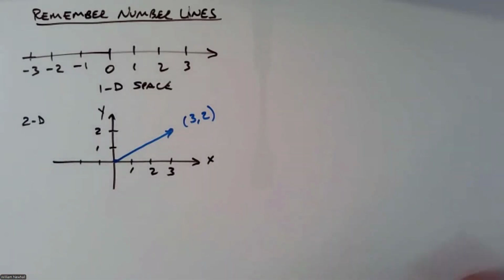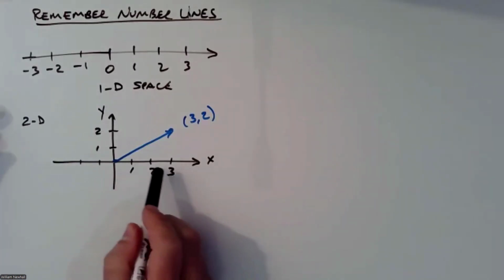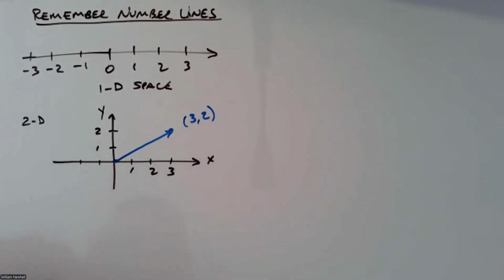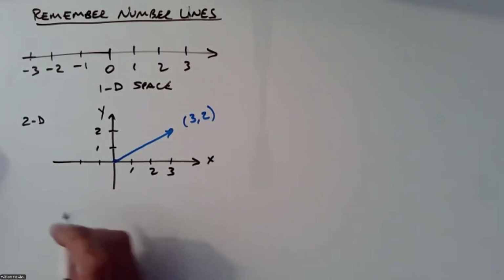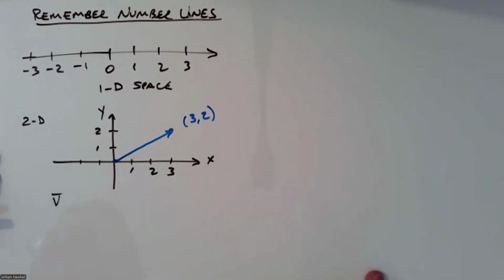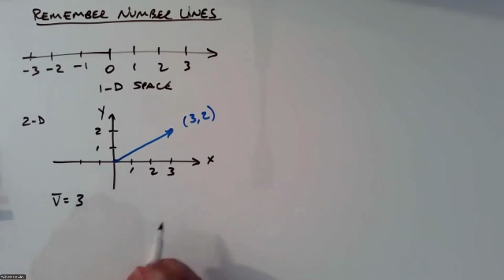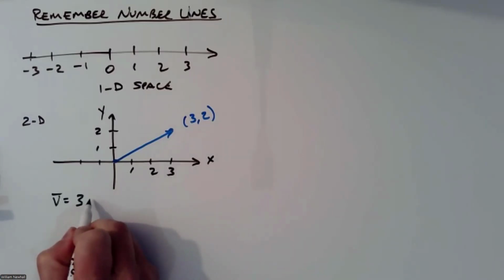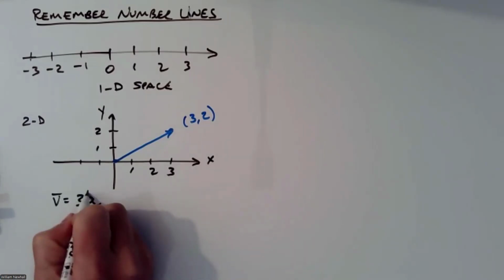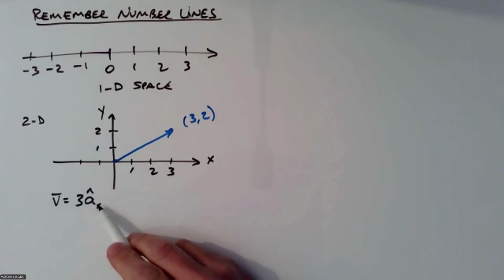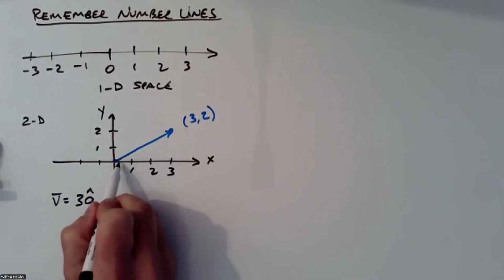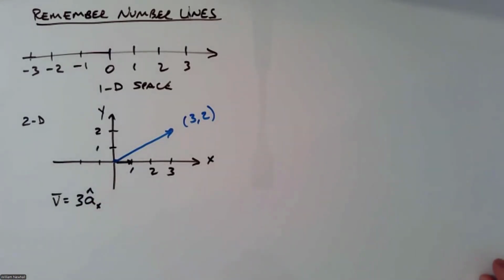And then we introduced vector notation. We could call that vector 3, 2, but we introduced unit vectors. And we said some vector v is equal to, well, 3 unit vectors in the x direction. Let's just call that 3ax. There's different ways to represent this, but ax hat is a unit vector in the x direction.